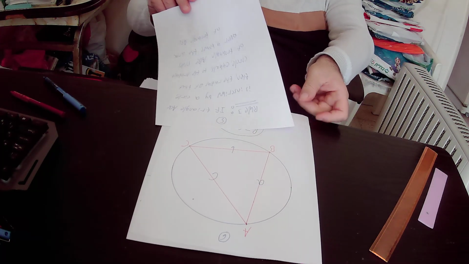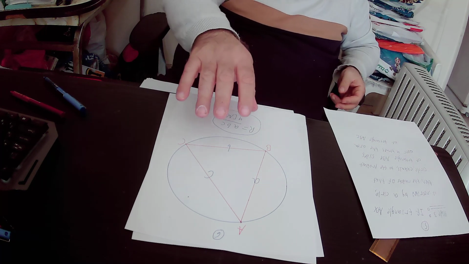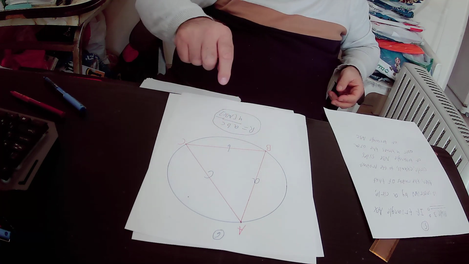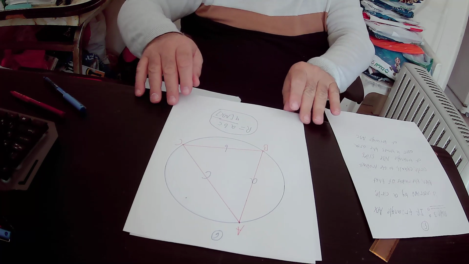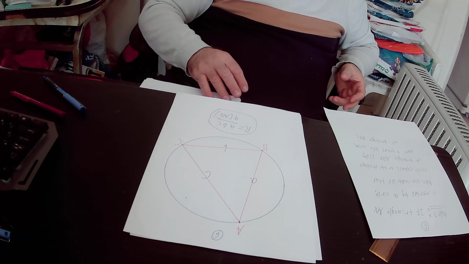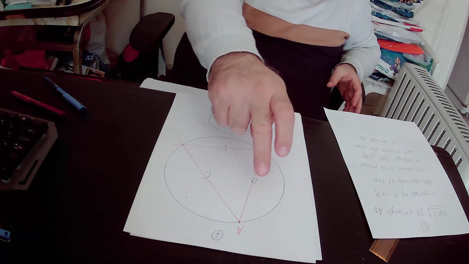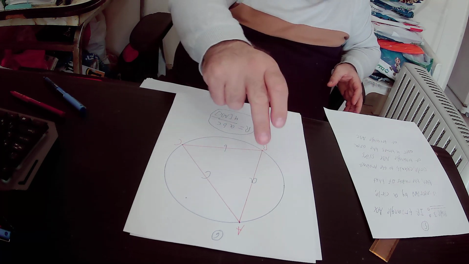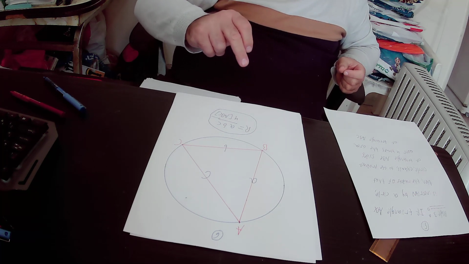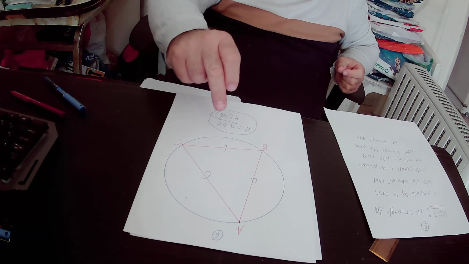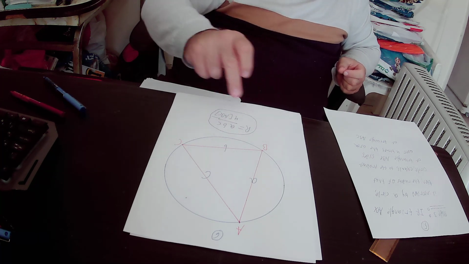If you have a triangle ABC, that could be any triangle, and it is inscribed by this blue circle, then the radius of the circle that circumscribes triangle ABC will be equal to A times B times C over 4 times the area of triangle ABC.